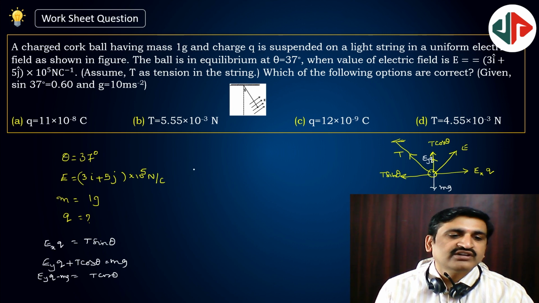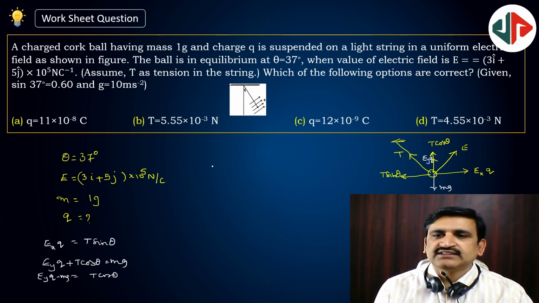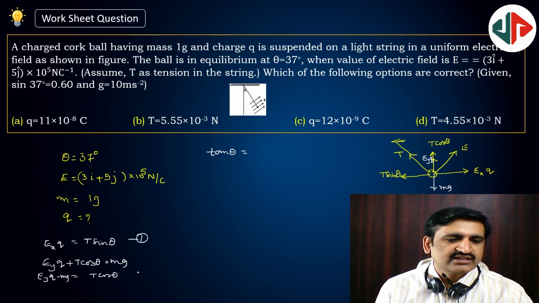I will go for squaring and adding the things. That will be better. Already sin 37 is also given, and cos 37 automatically comes. Yeah, squaring and adding will give you tan theta is equal to sin by cos, Ex into Q by Ey into Q minus mg. All are known things, I think.